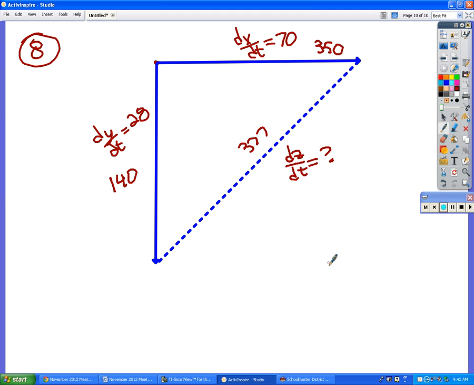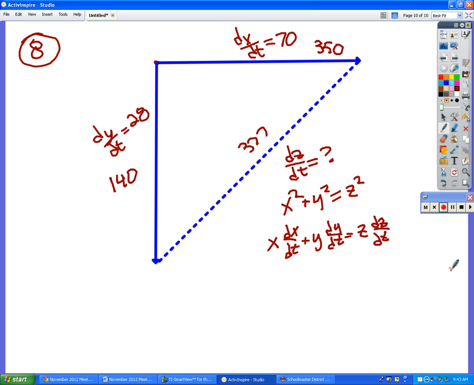So yeah, you take the Pythagorean theorem, take the derivative, and then you can cancel all the 2's, right? So we basically have our Pythagorean theorem derivative as x dx/dt plus y dy/dt equals z dz/dt.